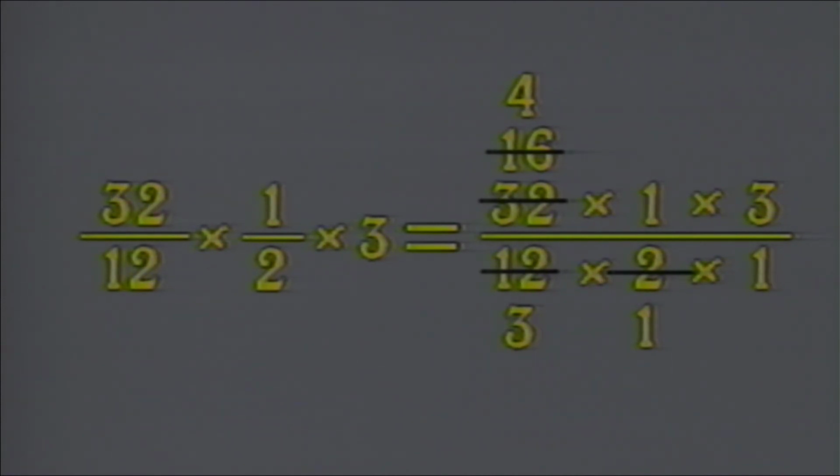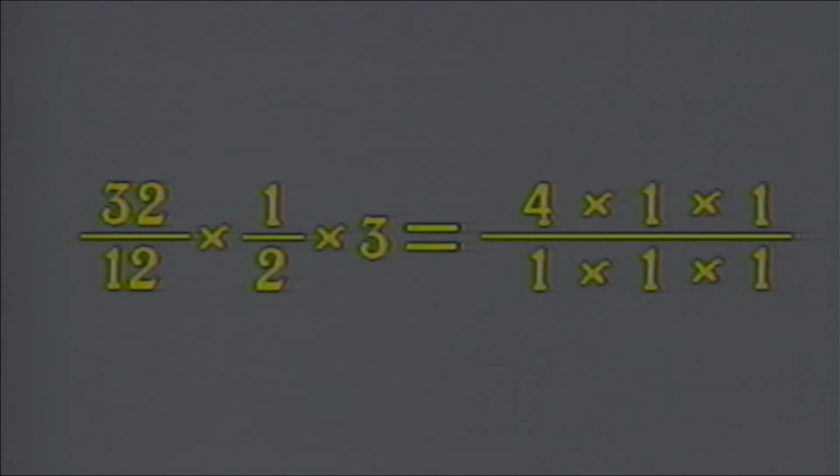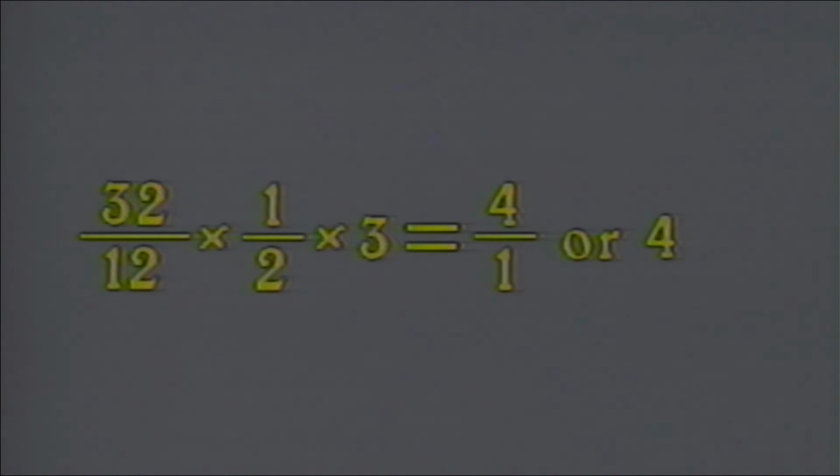Divide by 3. Now it's 4 times 1 times 1 over 1 times 1 times 1. That's as simple as I can make it. Boy, that was fun. Okay, the answer is 4 over 1 or 4. 4 square feet of lumber is what it will take.